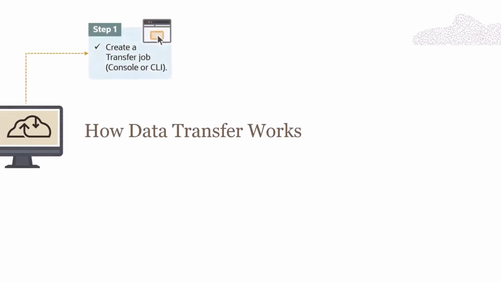You create a transfer job of the type appliance using the console and then click Request Transfer Appliance. This is your first step. Now, depending on how much data you want to transfer, you may need to order more than one transfer appliance.